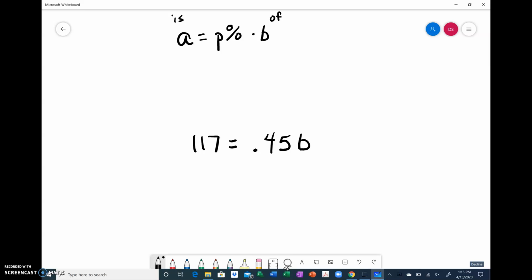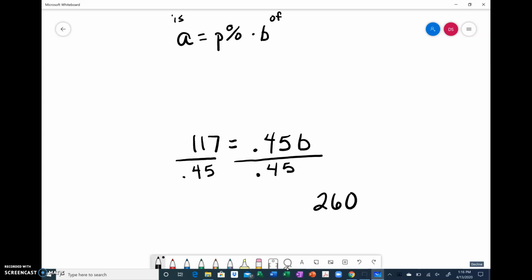So in this one, we're solving for B instead of P. And again, you should recognize from even the last problem that you're going to divide both sides by 0.45. So, with my work shown, into my calculator I type 117 divided by 0.45, because I had to change my percent to a decimal, and I get 260.